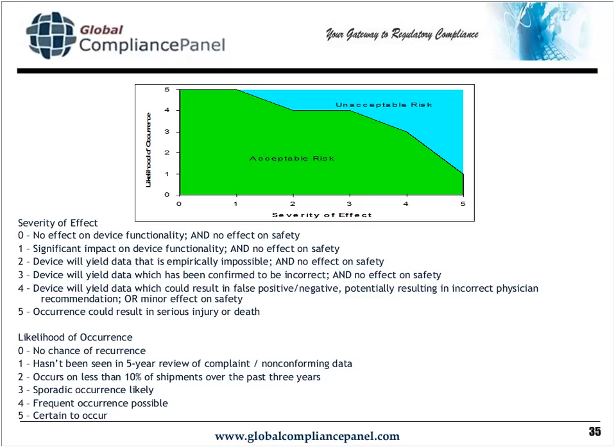Perhaps it's just cosmetic, and it has no chance of recurrence. In my experience, that's usually difficult to conclude. But on the other hand, if you have an occurrence that could result in serious injury or death and is certain to occur, you're going to have to take some field action in your risk evaluation for this nonconformance.